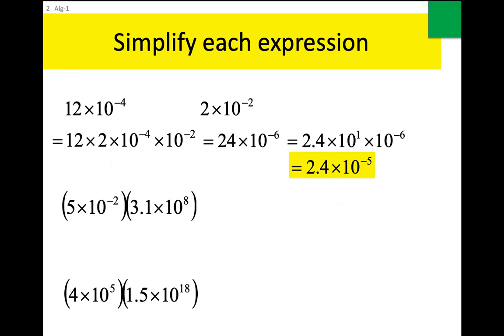0.05 times 310 million, in your head. It's crazy, and that's the power of scientific notation. By the way, what's the final answer? She got 15.5 times 10 to the 6, but 15.5 is not in scientific notation.